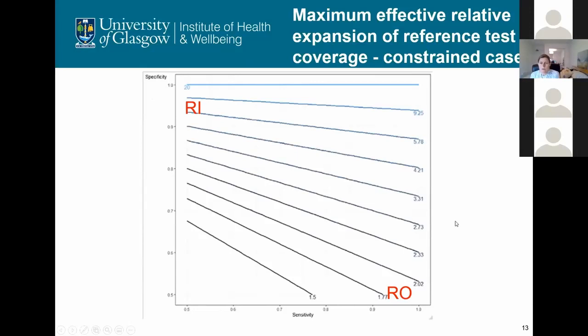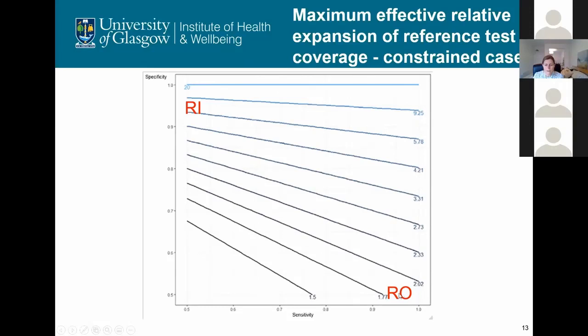These two sensitivity plots show, for all levels of specificity and sensitivity, what relative expansion we can get. So how many more cases we're delivering. And you can see that here's our rule-in test, where it's much more important what your specificity is to get that expansion in coverage.